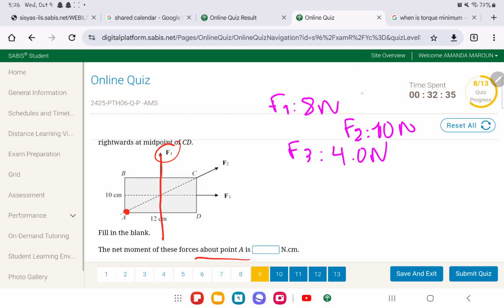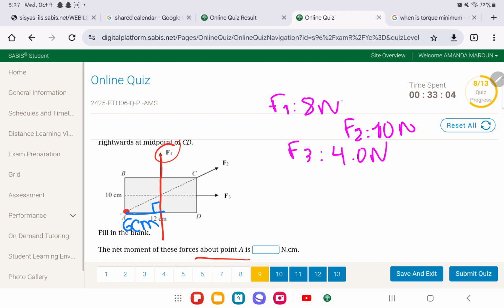Now we need the perpendicular distance from A to F1. It is this value over here. In a rectangle, if you draw the diagonals, they will cut this value in half. So this is 6, not meters, 6 centimeters.